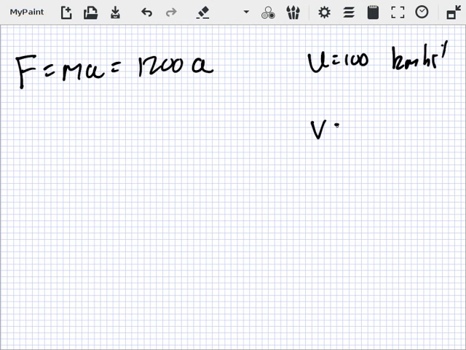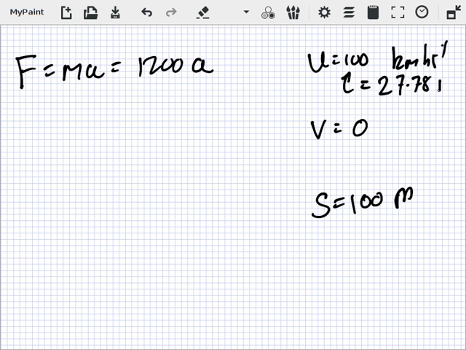And the V is 0. The A we don't know, which is what we want. The T we don't know. The S we do know. It's 100 meters, isn't it? By the way, what's 100 in meters per second? 27.78, is it? Meters per second.